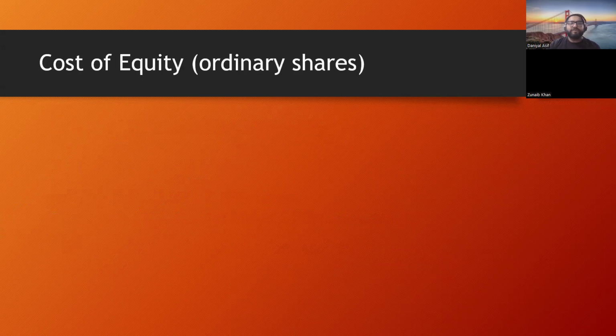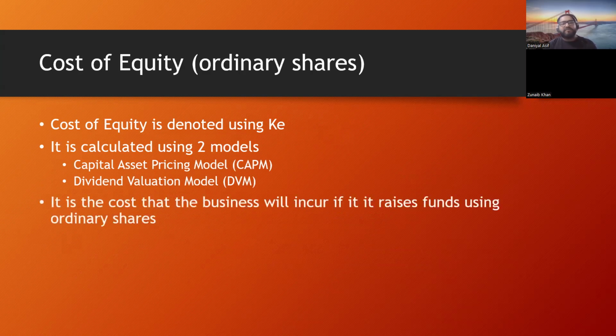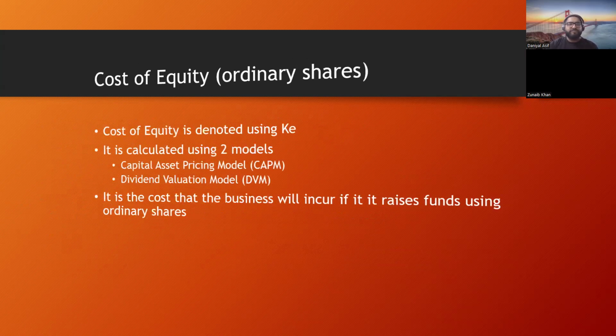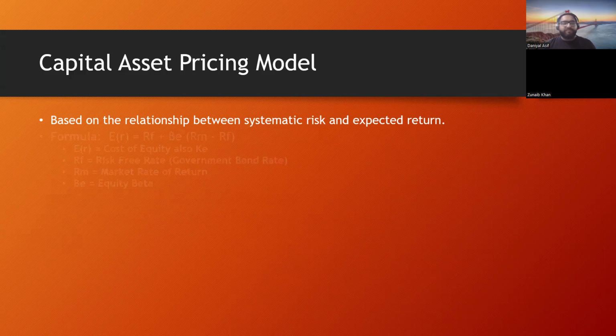Now, cost of equity for ordinary shares. Cost of equity is denoted using KE. It is calculated using either of the two models, either capital asset pricing model, which is in short form written as CAPM, and dividend valuation model, which is in short form written as DVM. It is the cost that the business will incur if it raises funds using your ordinary shares. Capital asset pricing model. It is based on the relationship between your systematic risk and your expected returns.